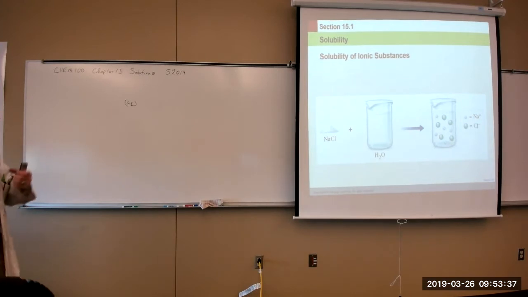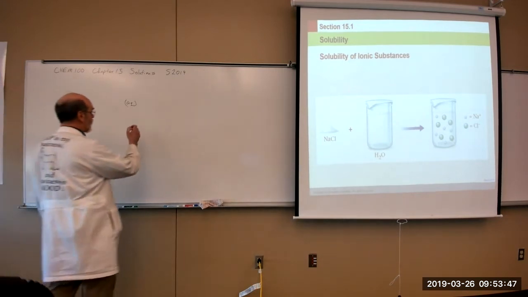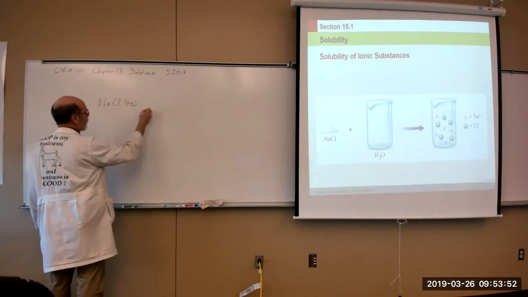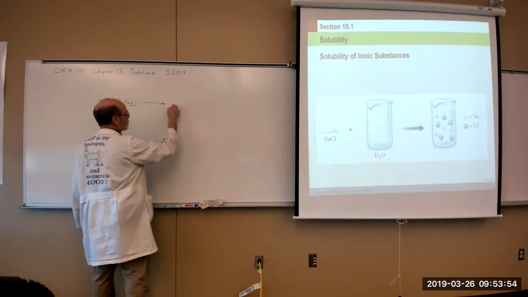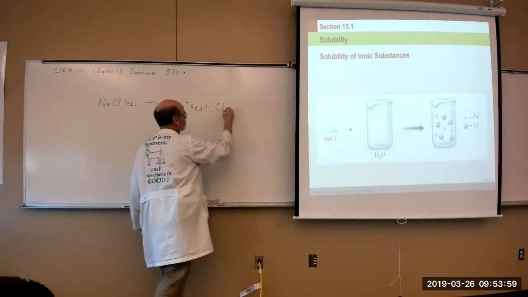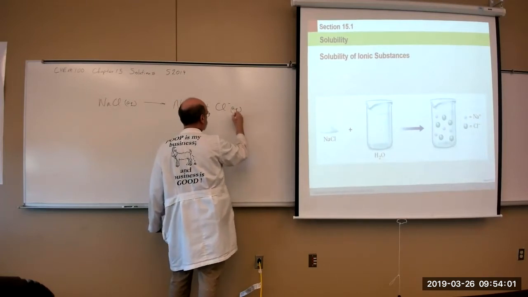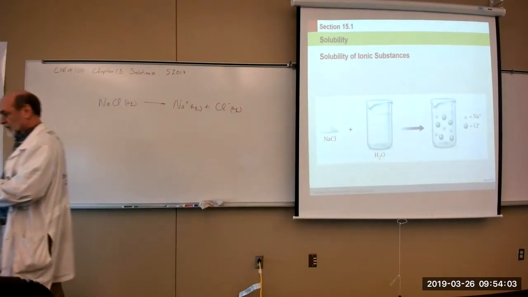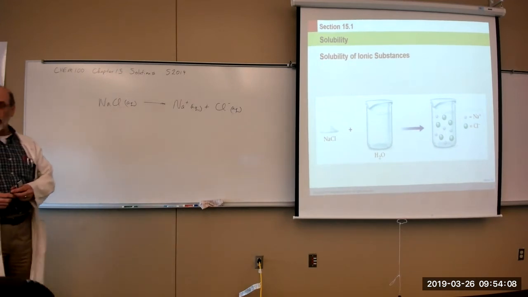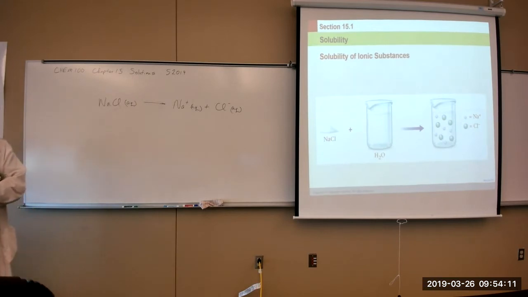So what happens to ionic substances if they indeed go into solution? They usually break apart. Right? So in that case, we would have sodium chloride going into solution, and it produces ions. The fact that it produces ions is one of the main reasons that it makes a solution, because water is a polar solvent.